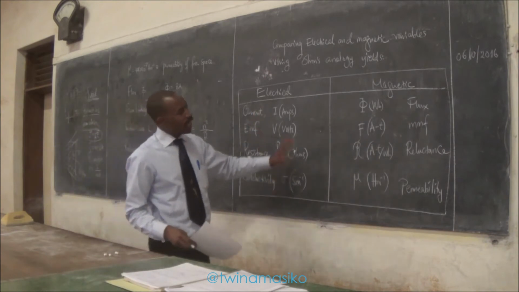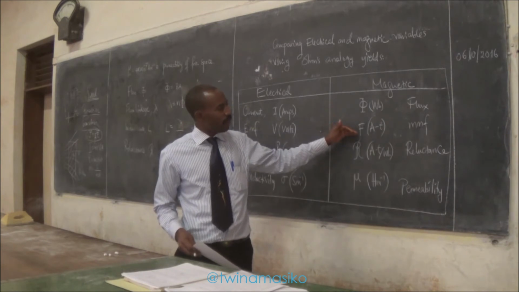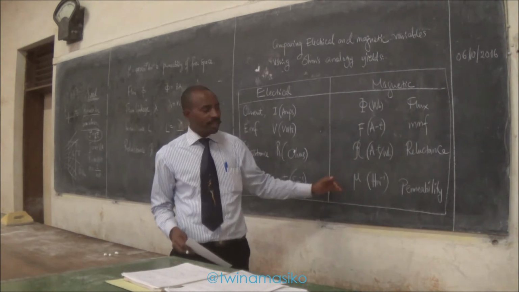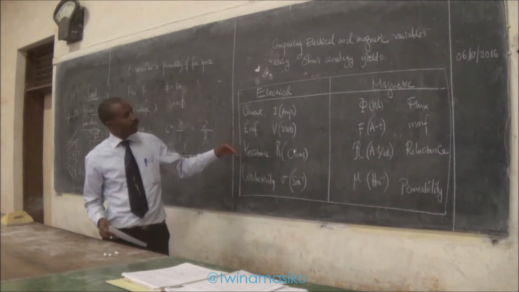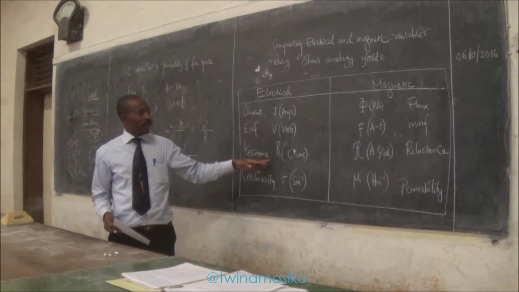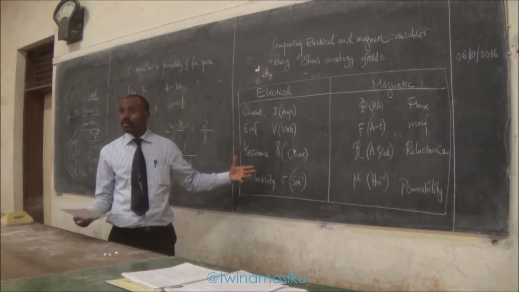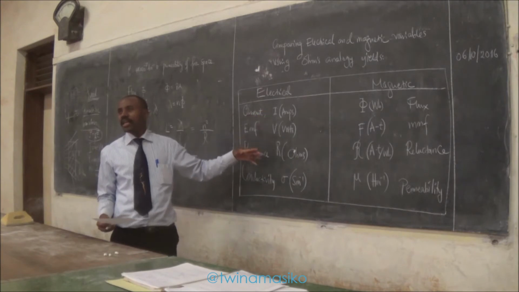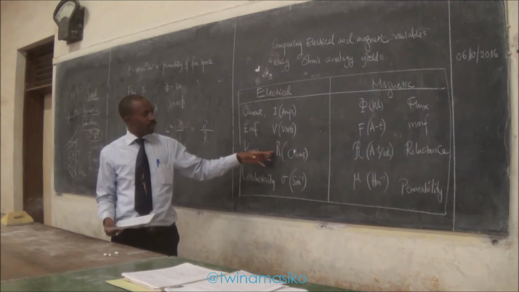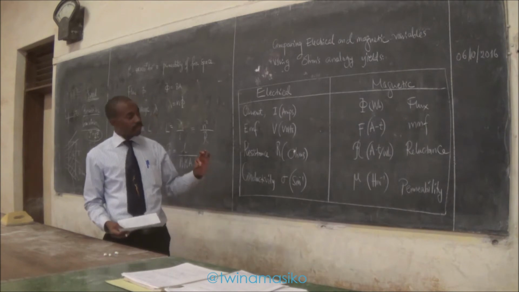So this is how we can compare the magnetic variables of flux, magnetomotive force, reluctance, and permeability in relation to those we used. When you are making a voltmeter or an ammeter, or an ohmmeter, like our multimeters, we were able to use the same multimeter to measure the current, the voltage, the resistance, and to confirm continuity using the diode gate.